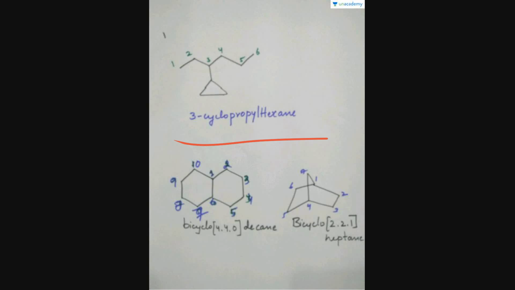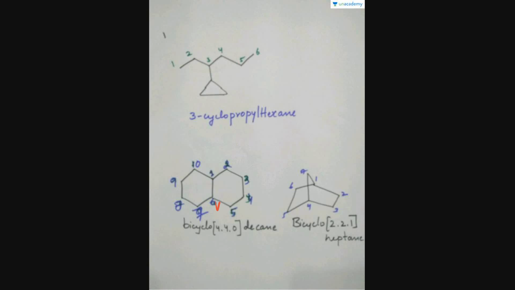So for the bicyclo compounds, we give the prefix as bicyclo, and in the brackets we mention the number of carbon atoms that are present in the bridges, in these bridges. These are called bridges, and these are called bridge heads. So how do we write?